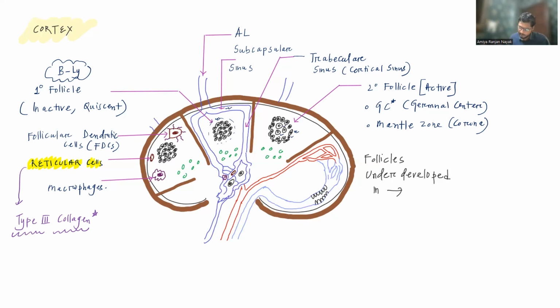Classically, if you want to remember one example, it is Bruton's agammaglobulinemia. We will discuss this in detail under the immunology section. This is a condition where there is a defect in B cell production, so that is why follicles are underdeveloped. Of course, there are various other conditions, but this is the classical example.